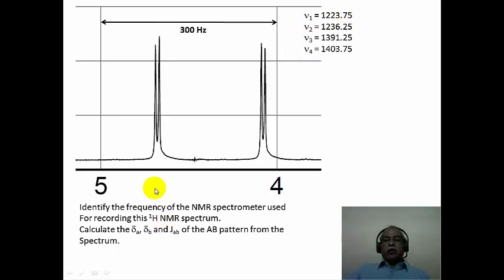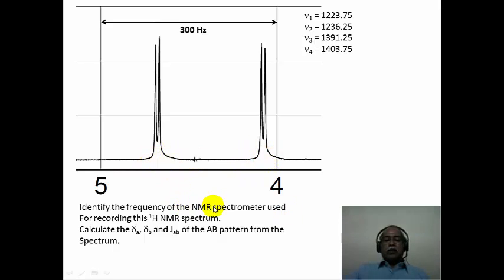That will give you the separation between A and B. If you take half the separation and add it to the center frequency, the center frequency can be easily obtained by the average of nu 2 and nu 3. Let us call this C, which is the center. C plus half of delta AB would correspond to one frequency, that is delta A, and C minus half of delta AB would correspond to the other frequency, which would be delta B.